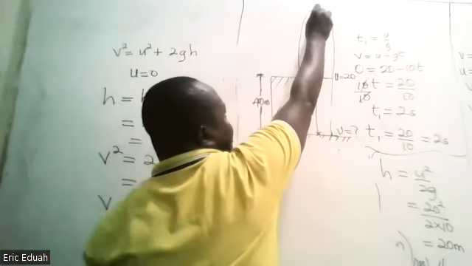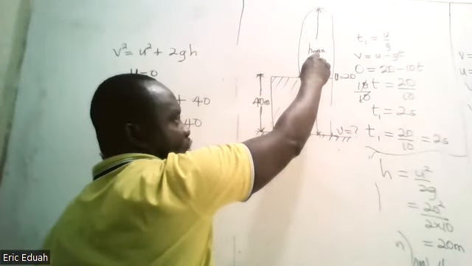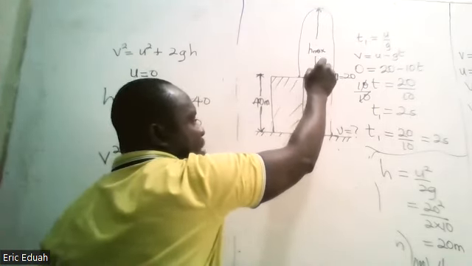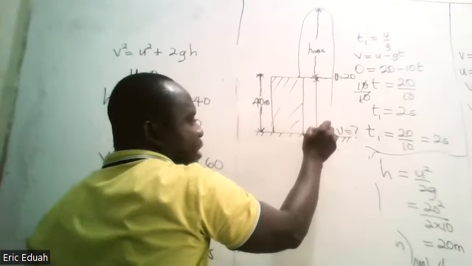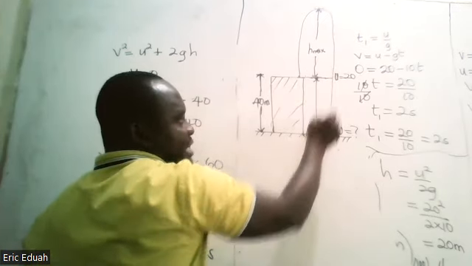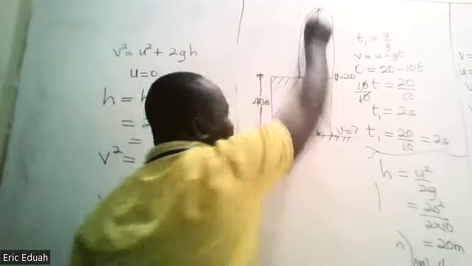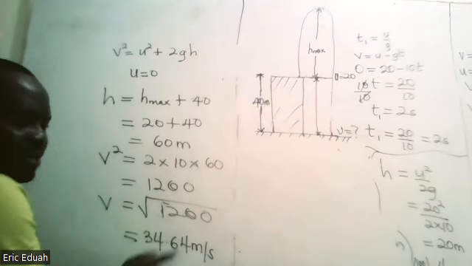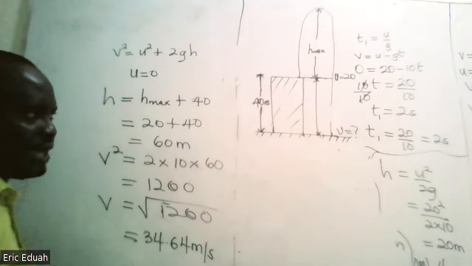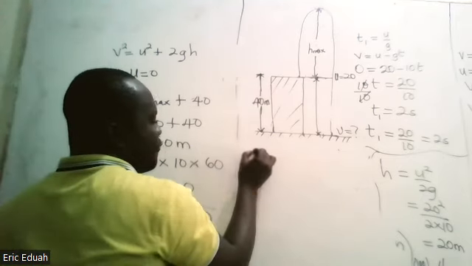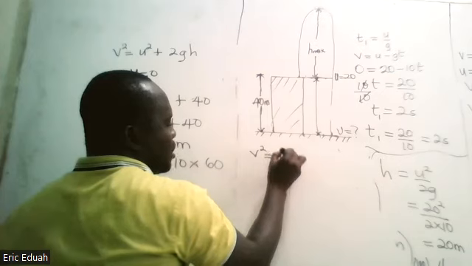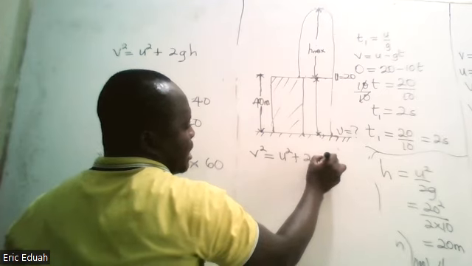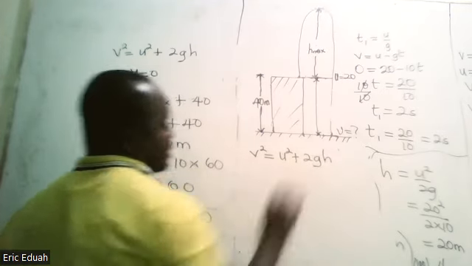We have the velocity from the maximum height to this level, which is 20, right? So if we could get the velocity from this level to just before it hits the ground, we simply add it to the 20, and it should be the same as what we've had. So using v squared is equal to u squared plus 2gh.